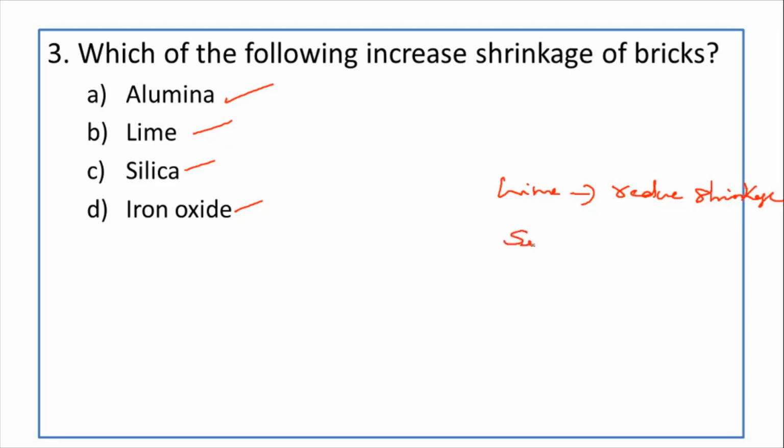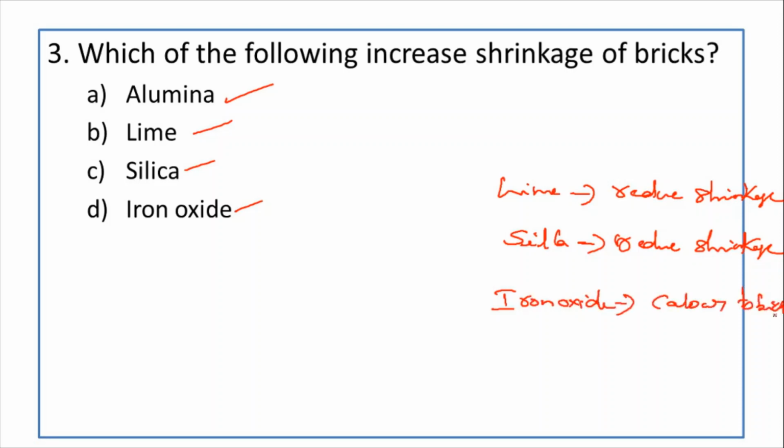And silica also reduces shrinkage. And iron oxide gives the color to the brick. Now, these three chemicals will not show any negative impact on the shrinkage. So the chemical which causes the shrinkage of the brick is alumina.